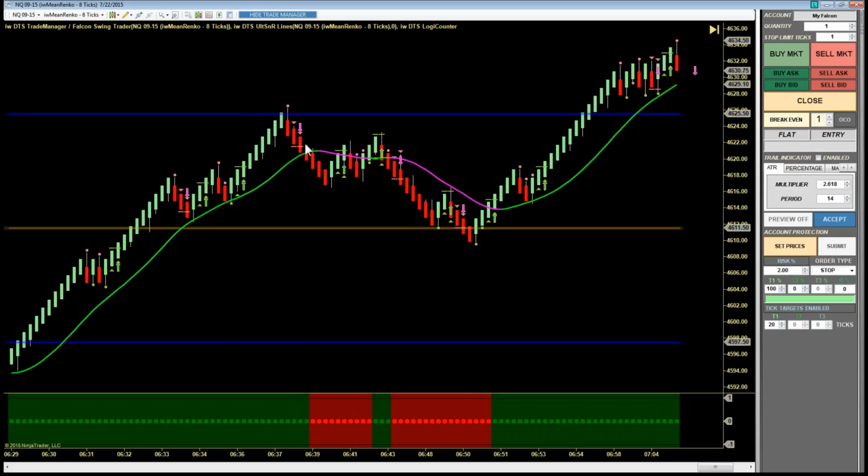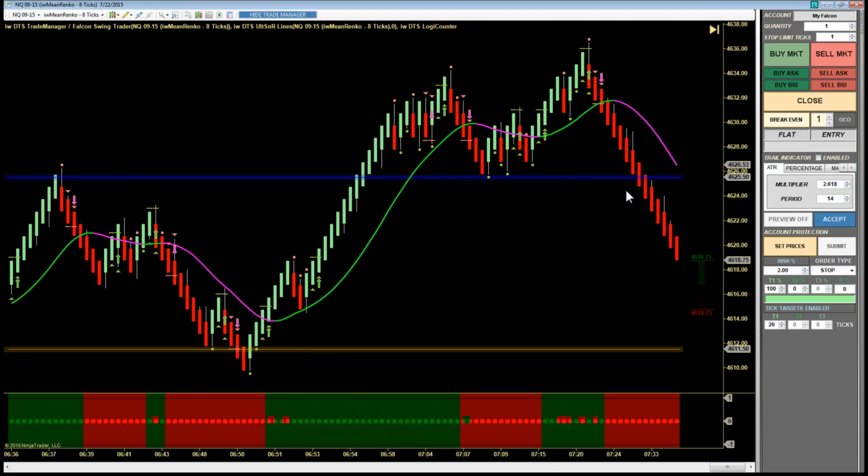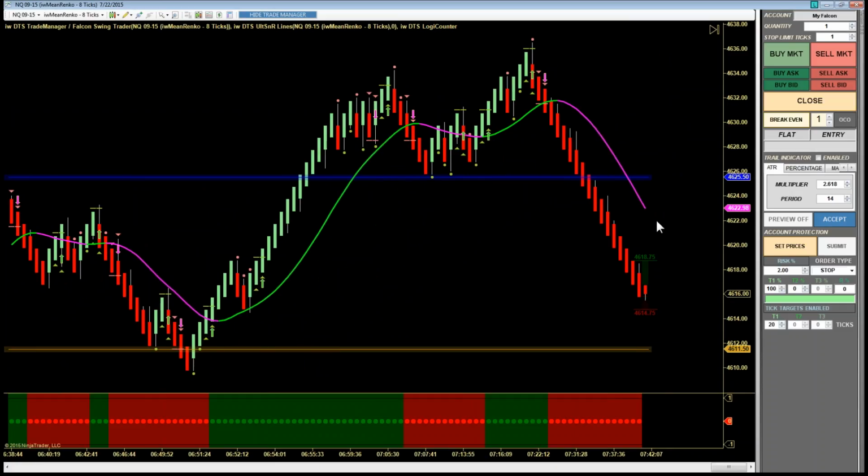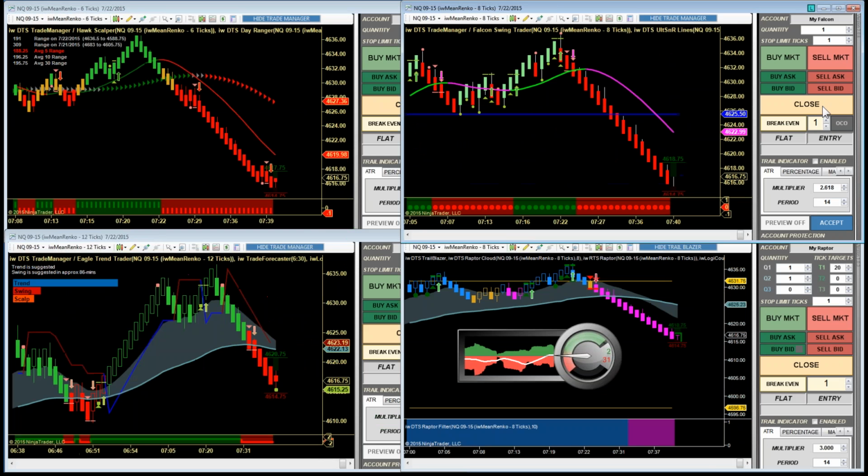There's the run up, a little bit of floundering, a run up, a little bit more floundering, and now we get a move lower. So we're looking for the trend change signal to develop now, just to confirm that it in fact does want to move lower.